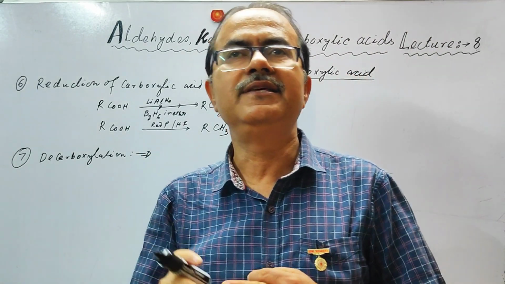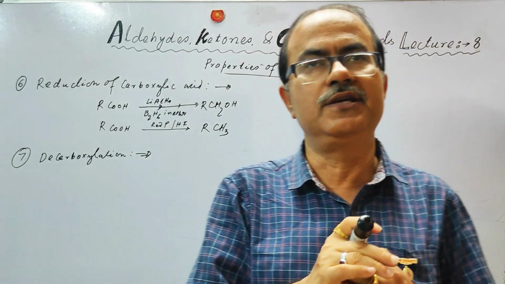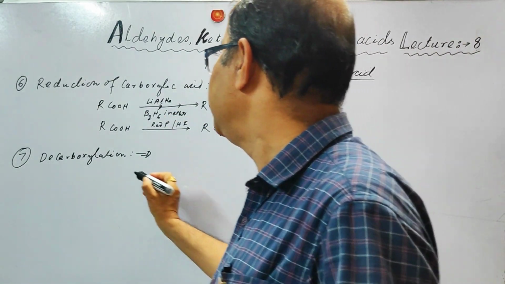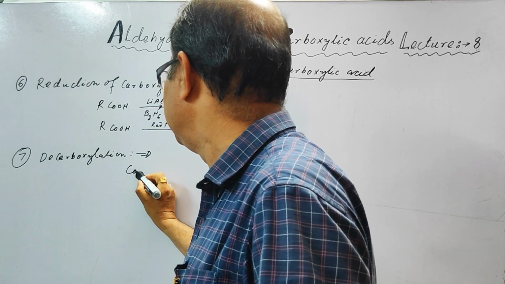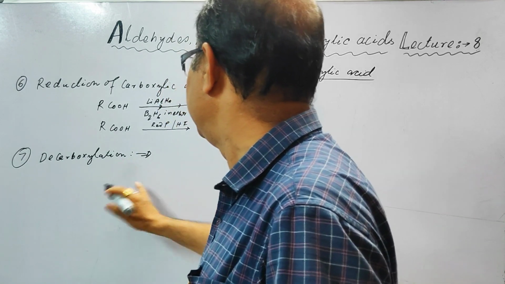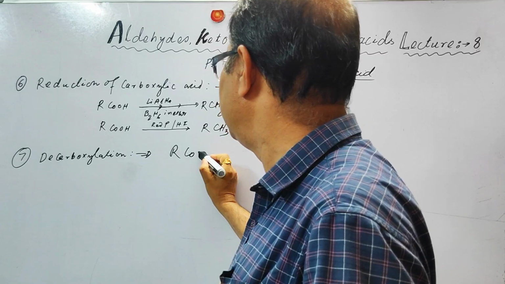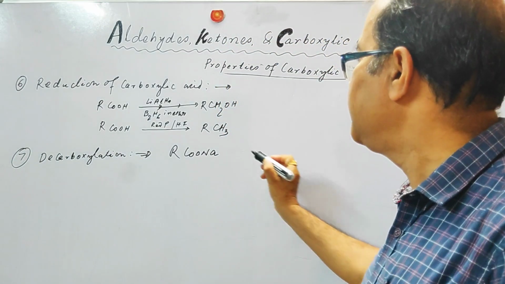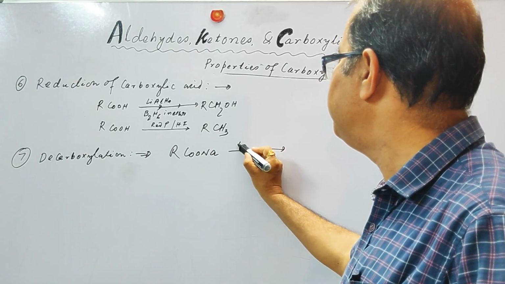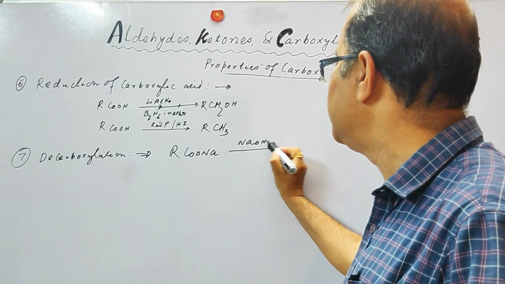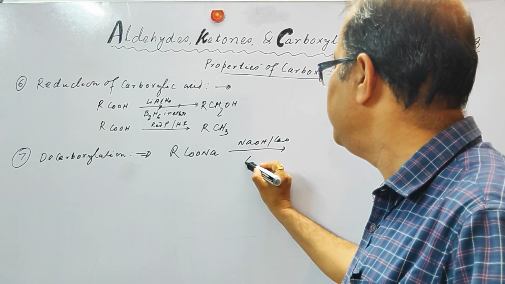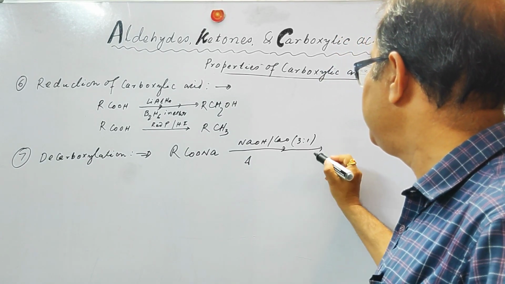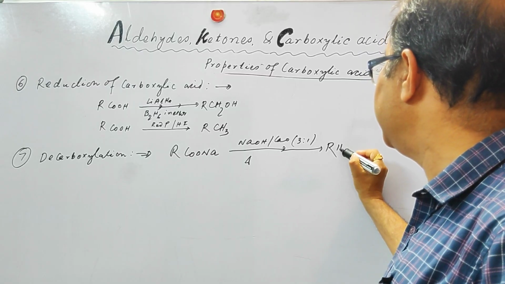When we heat the sodium salt of a carboxylic acid, RCOONa, with soda lime, NaOH and CaO, in the ratio 3:1, it is going to produce an alkane.